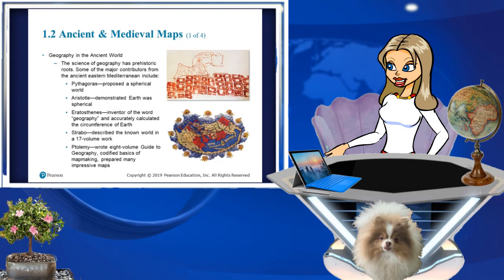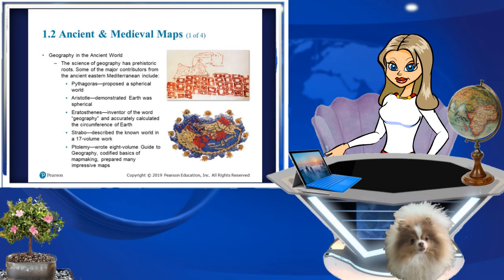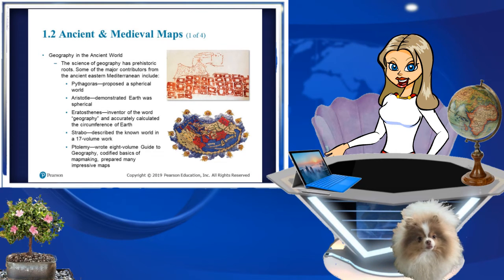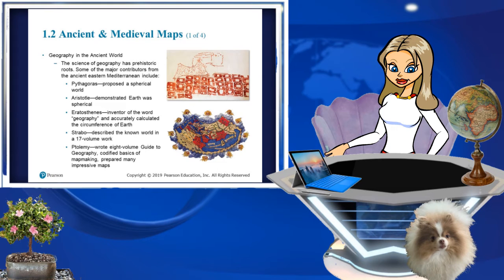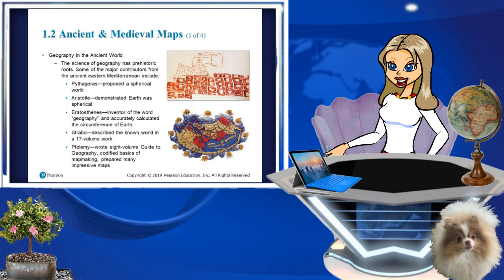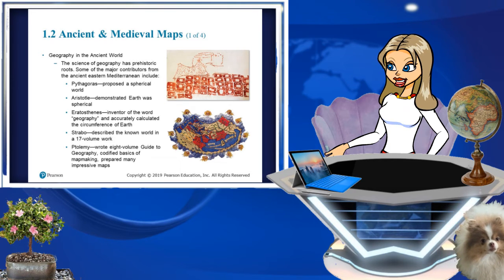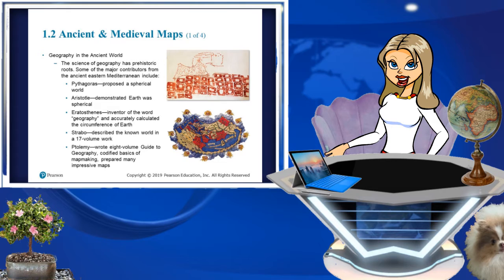Section 1.2 is a fascinating look at ancient and medieval maps. This section traces the development of geography as a science through Greece's classical era into the Middle Ages, and it summarizes the development of cartography. The science of geography has prehistoric roots. Some of the major contributors from the ancient Eastern Mediterranean include Pythagoras, who proposed a spherical world, Aristotle, who demonstrated Earth was spherical.